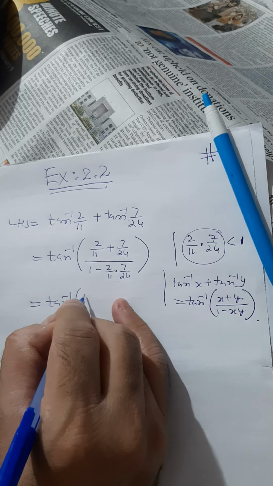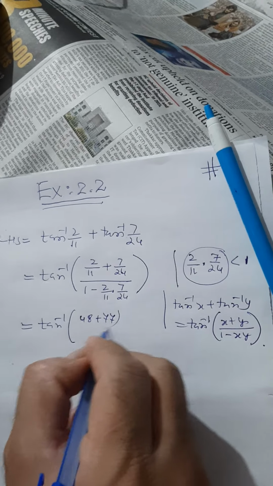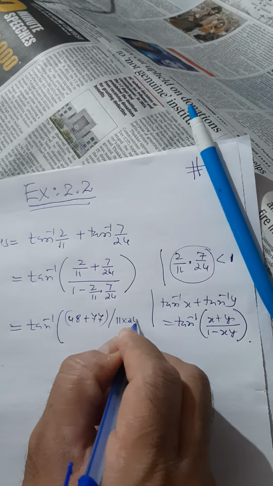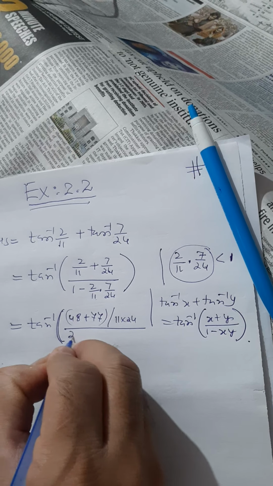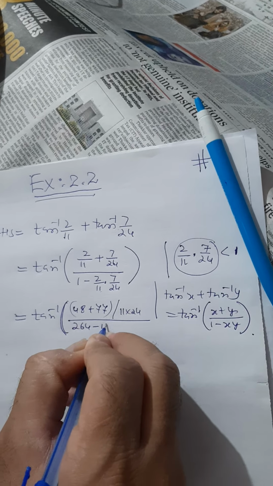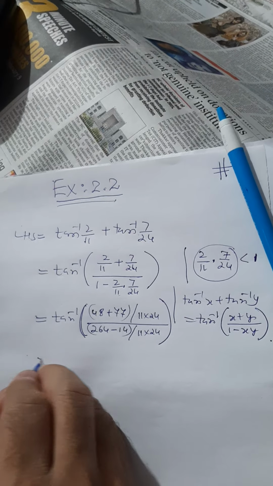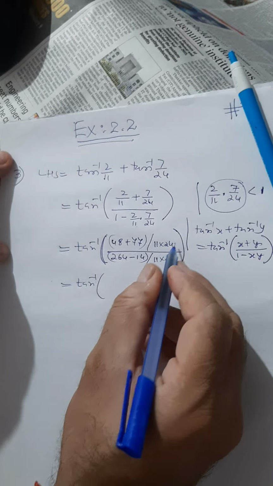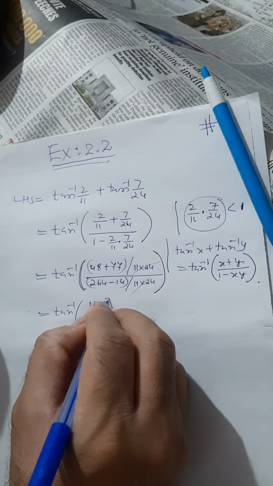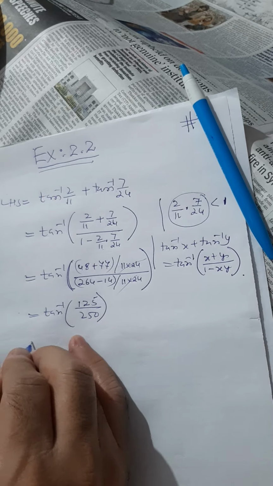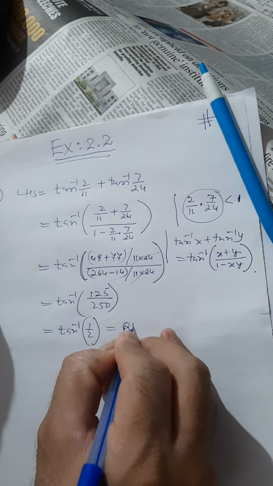So this is 48 plus 77 upon 11 into 24, and the denominator is 264 minus 14 upon 11 into 24. So this will get cancelled. This is 125, this is 250. So this equals tan inverse 1 by 2, which is your right hand side.